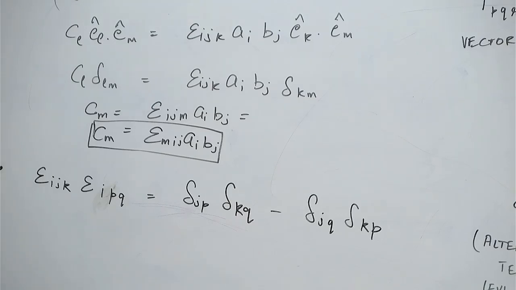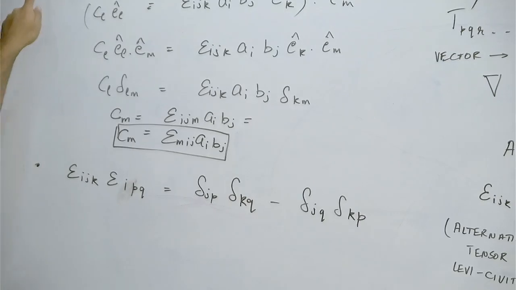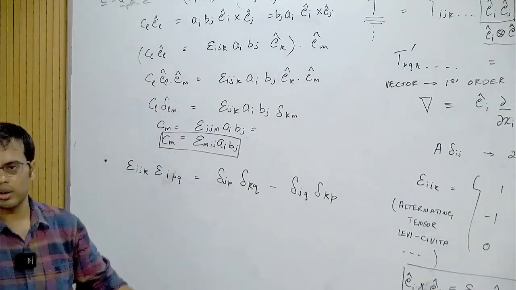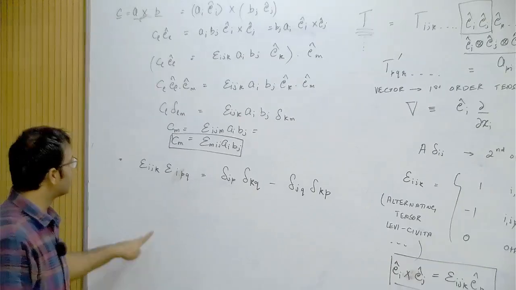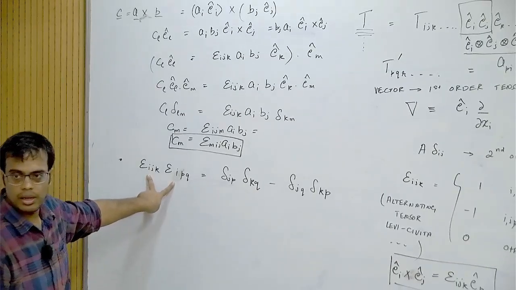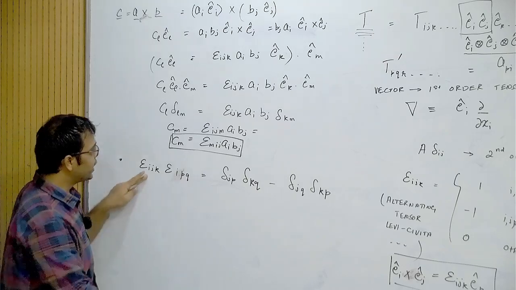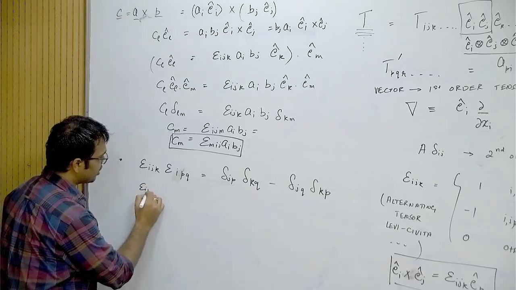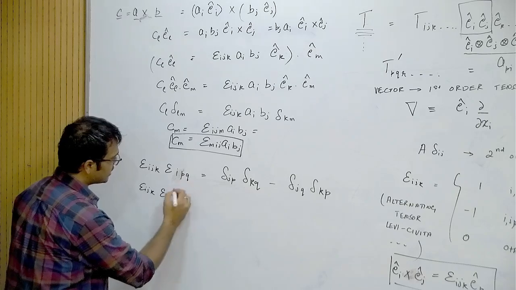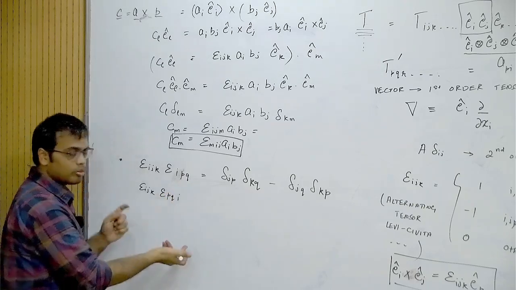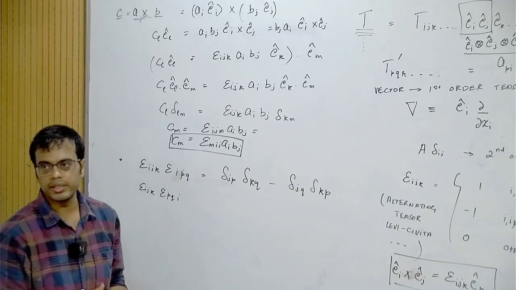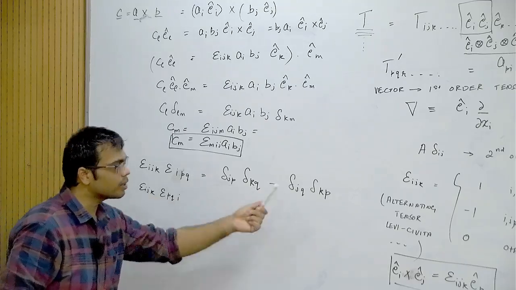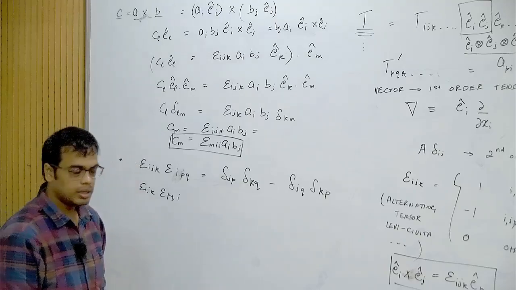It's usually called the epsilon delta identity. This will be very useful when you have two consecutive cross products. As you can imagine, one cross product introduces an epsilon, another cross product will introduce another epsilon, and it just happens that their indices are in this kind of an order. Usually it may not happen that your first index is the same on the other one. You may have a case where you have epsilon I j k times, let's say, epsilon p q I, and you may have to swap the first and third indices to make it look like this so that you can apply the epsilon delta identity.